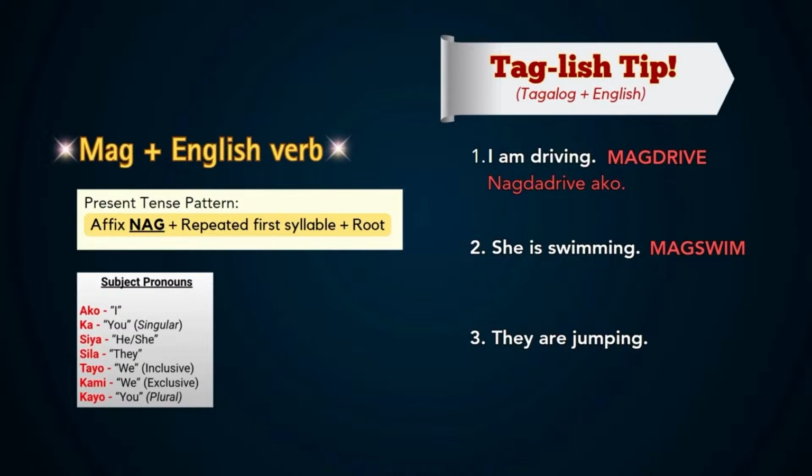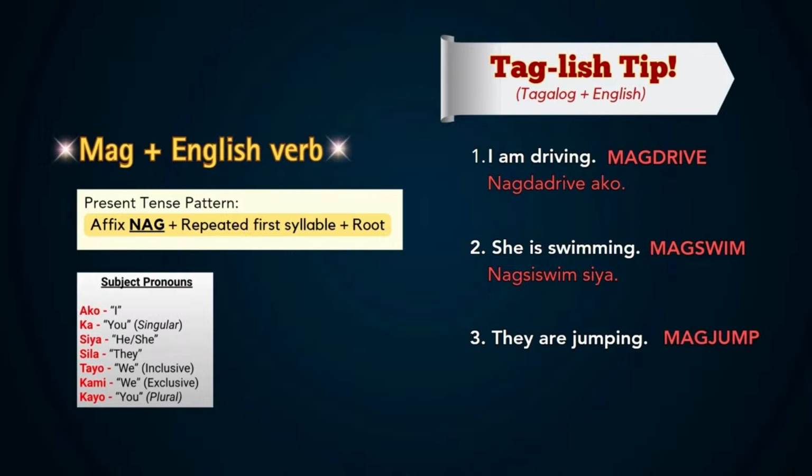Next, she is swimming. What if I told you to use the verb mag-swim? How would you say that in Taglish? In Taglish, you could say, nag-siswim siya. So the affix is nag, then there's the repeated first syllable, and then the root. Nag-siswim siya. Lastly, they are jumping.